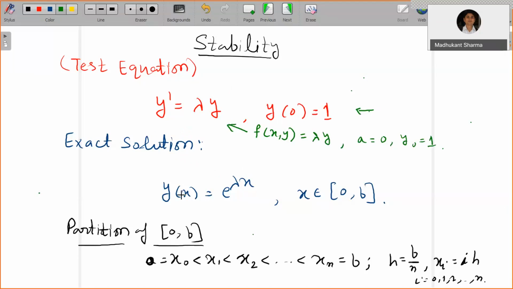The exact solution will be e to the power lambda x, and we have taken x in the interval 0 to b.